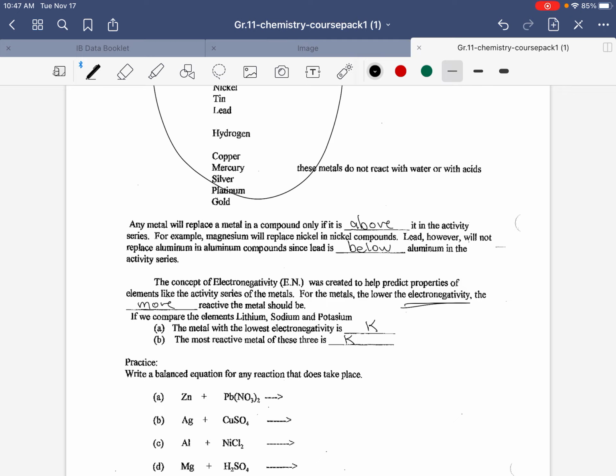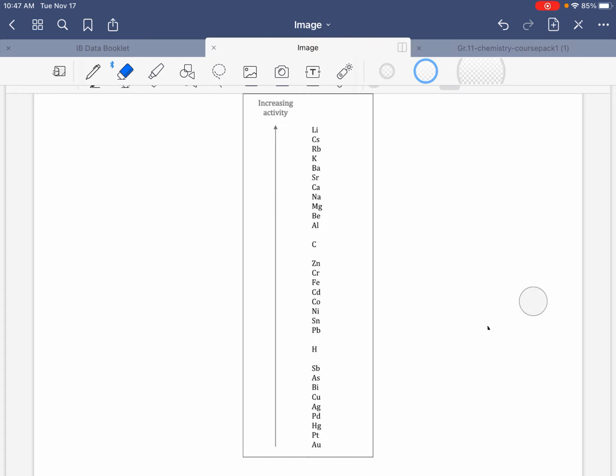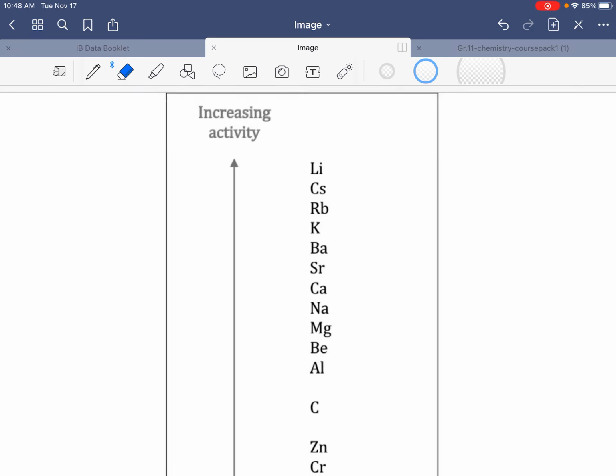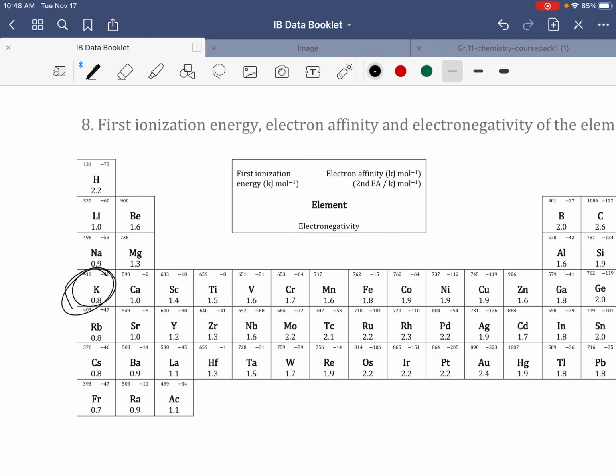Okay. Let's go back to this. That is strange. Why is lithium all the way up here though? Because if you look at the electronegativity table, lithium has the highest electronegativity.